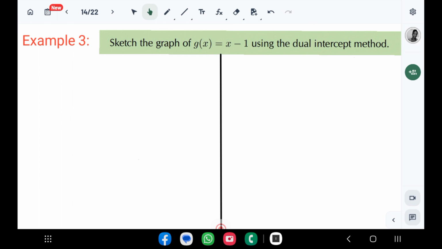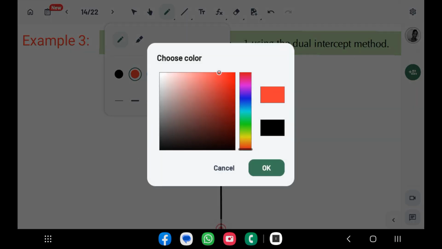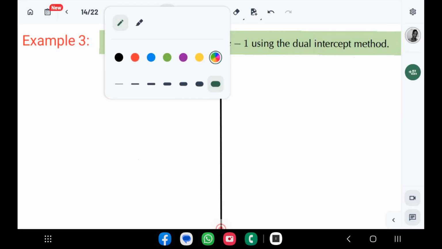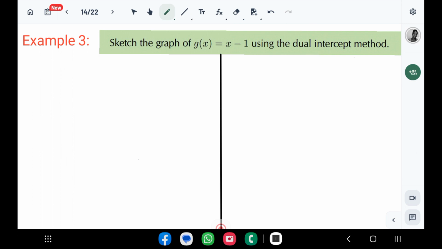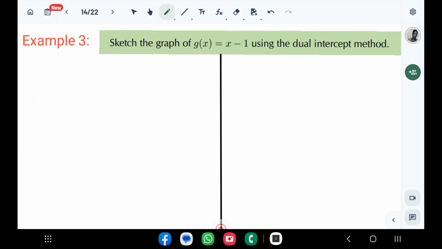Okay, now let's find the y-intercept first. To find the y-intercept, you make x 0.